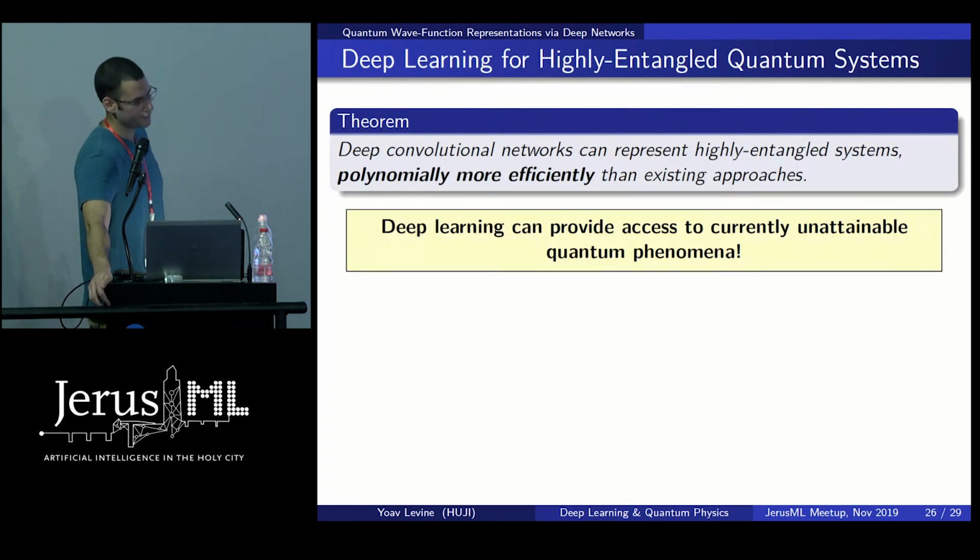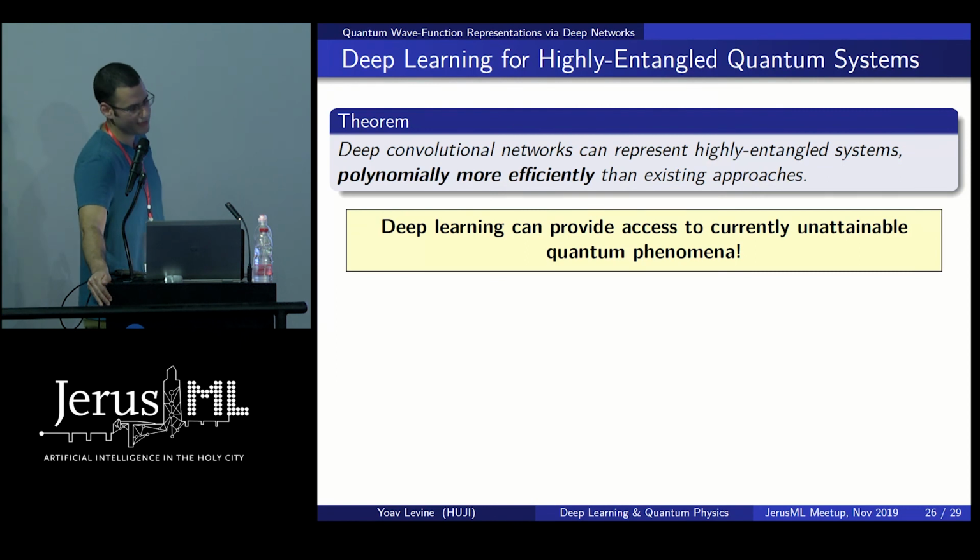Without going into details, we proved that convolutional networks are extremely fit for currently unsolved quantum problems of highly interacting quantum particles, and that they are polynomially more efficient than any other existing approach used today in the quantum physics field.